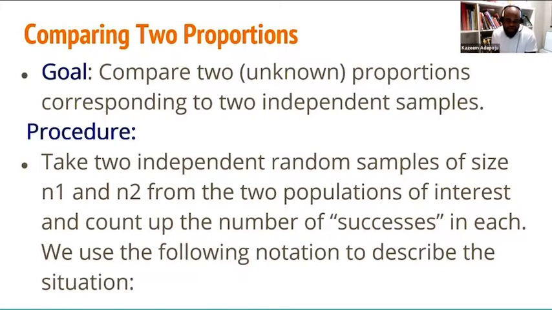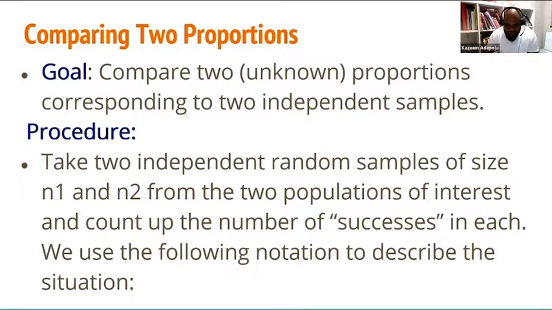Now, if I vaccinate two different groups with two different vaccines, at the end of the day I can count the number in each group that was not able to catch the disease, because we want to see whether there's a significant difference between the two vaccines.